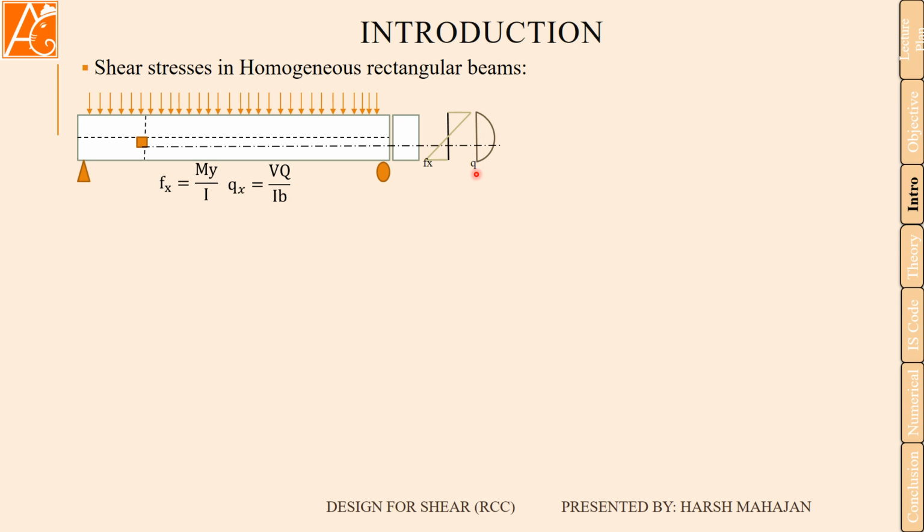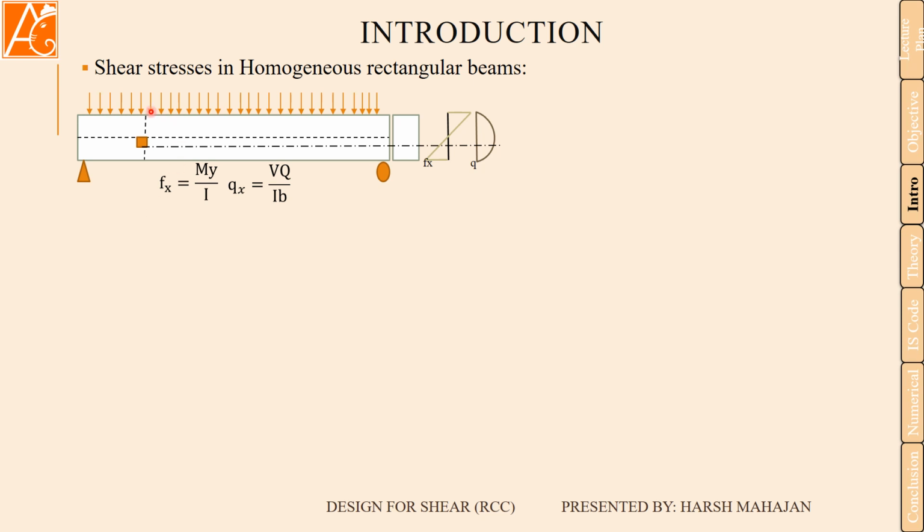From basic knowledge of mechanics of materials, you can understand that this kind of flexural diagram you have seen, and this is the shear diagram, which is parabolic, and these are the formulas for flexural stress, My divided by I, and shear stress, Qx equals Vq by Ib.